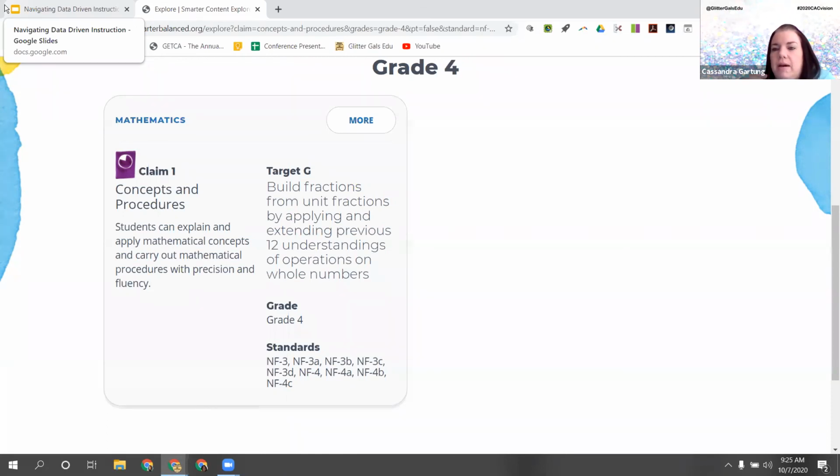If we're looking at the whole global point system, with claim 1 you might see more questions, but they're lower level questions as opposed to claims 2, 3, and 4, which are worth more because they're usually higher DOK level and the item type is worth more. So it just kind of depends.